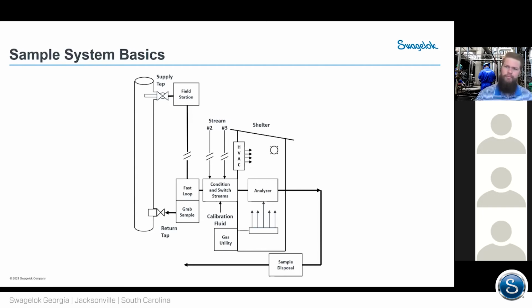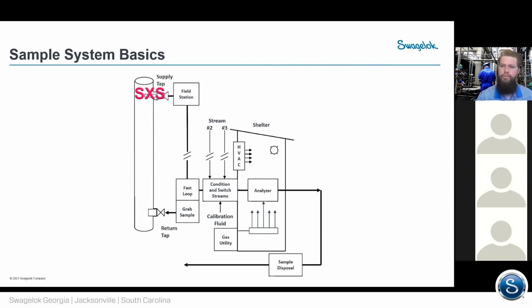So we covered a lot of different areas of the entire system, and that's probably a lot to think about at one time. So we've tried to break these up into smaller sections just to consider the bits and pieces. So I started with the sample extraction system before. So whatever components we require to pull that sample from the process pipe.